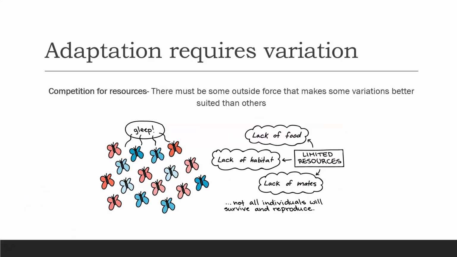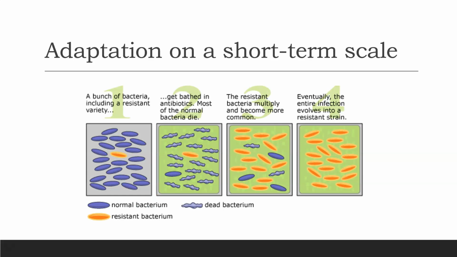So in addition to having a variation, there must be some sort of outside force that makes some variations suited better than others, or there's no need to adapt. So competition for resources. So limited resources, such as lack of habitat, lack of food, lack of mates, are going to make some combinations of genes better than others.